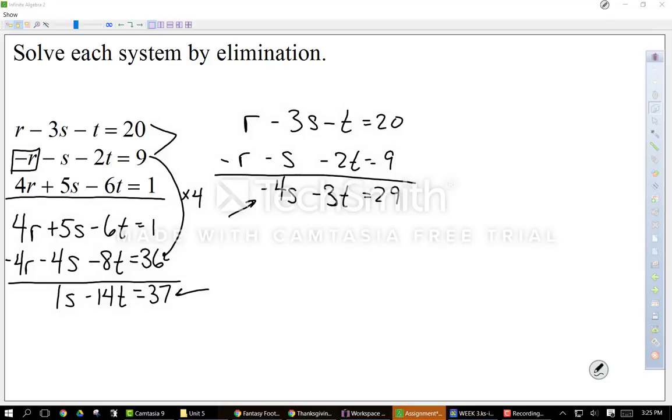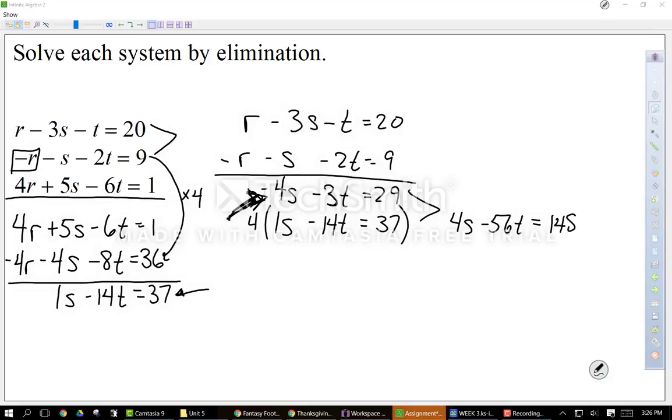I have an equation here that I just did, and remember the equation from up here. They both have no r's. So I'm going to stack them. 1s minus 14t is equal to 37. Now what I have to do is eliminate one of the variables in these two equations. Well, how can I do that? If I multiply this bottom one by 4, I get 4s minus 56t is equal to 148.